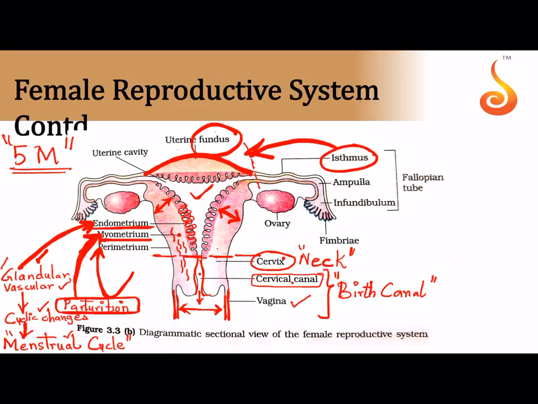This is the same diagram that's available in your NCERT textbook, so we have borrowed that diagram here. You will refer to the same diagram and practice it thoroughly, and when you present it for your homework, we expect that it should be well presented, it should be neat, and all the parts must be labeled. Is that clear? Fine. So now let's move on to the remaining parts of the female reproductive system.